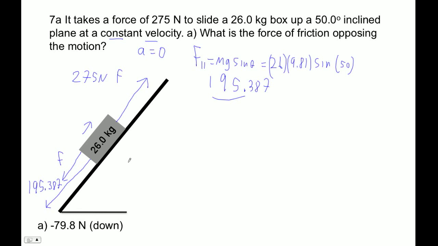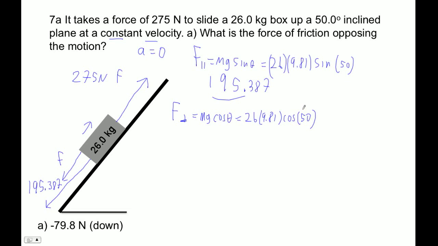Now, I think we also need the perpendicular force, so let's find that too. That's mg cos theta, so that's 26 times 9.81 times cos of 50.